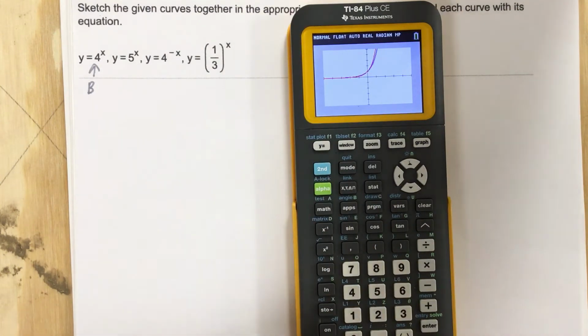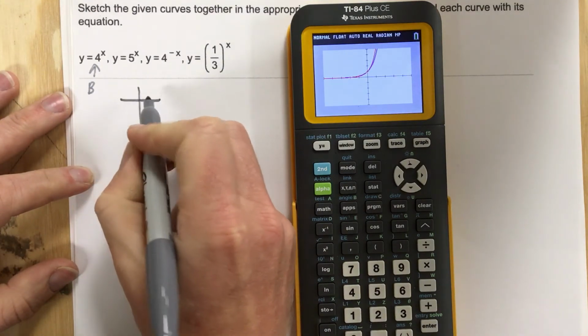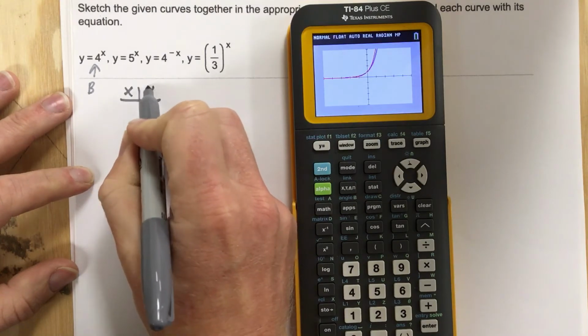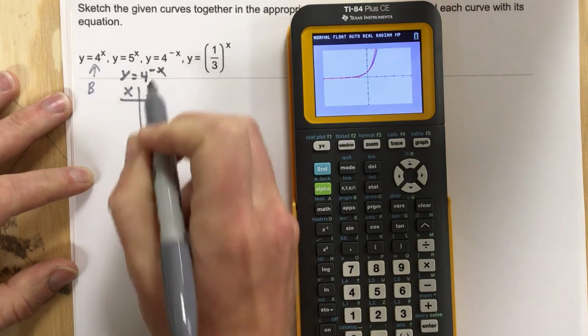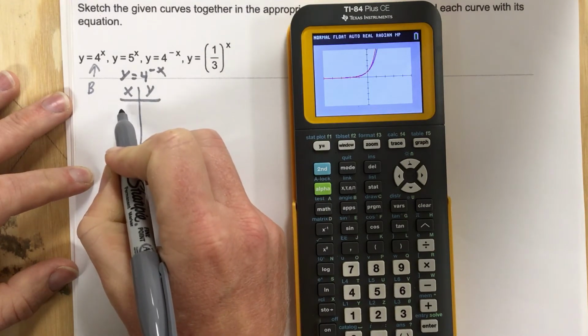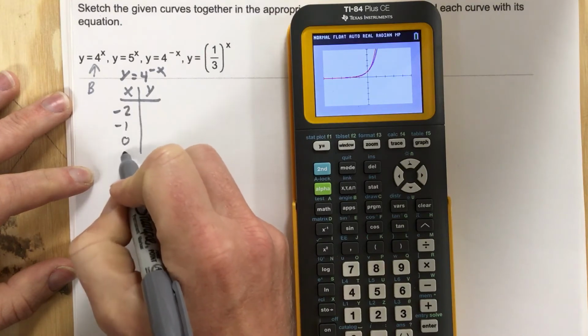Well, if you made a chart for 4 to the negative x, let's just make a little chart here. And this is for y equals 4 to the negative x. And let's plug in negative 2, negative 1, 0, 1, 2.